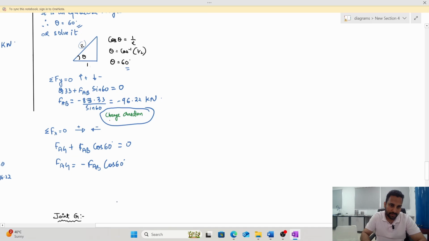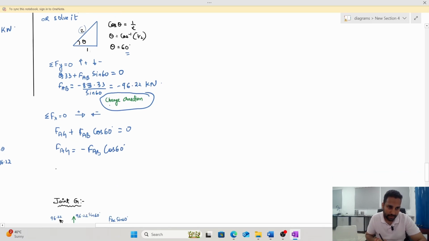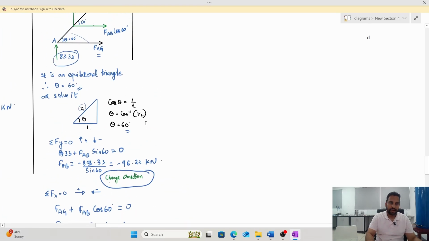So FAG is negative 96.22 cos 60, which comes out to be 48.11 kilonewton. Okay. Since it is positive, there is no need to change the direction. That means it will remain in the same direction.